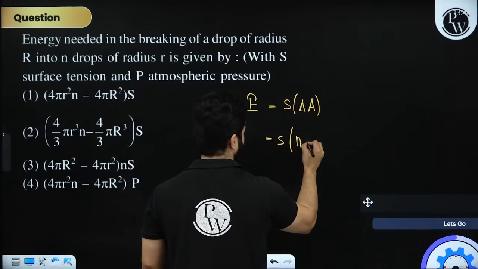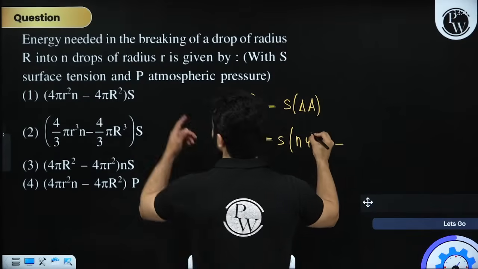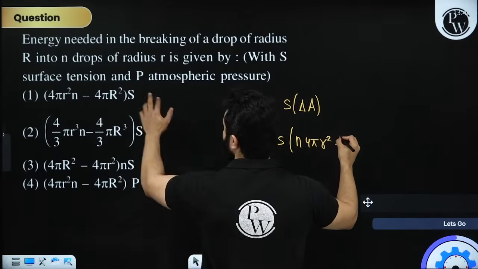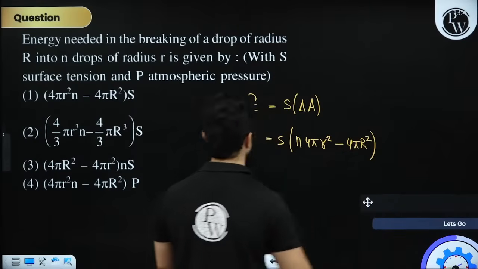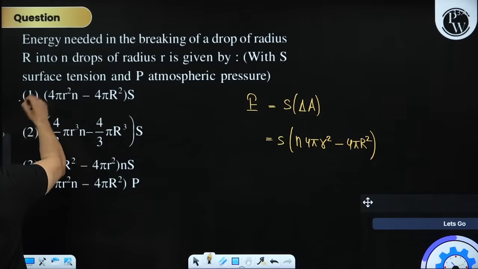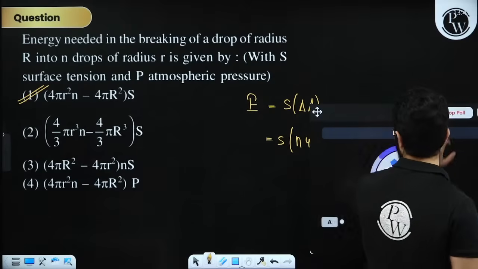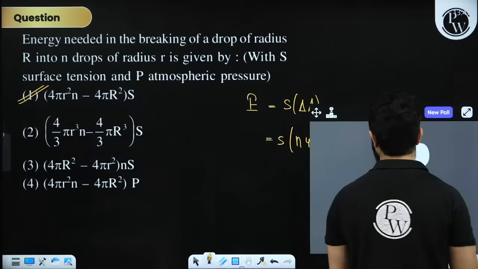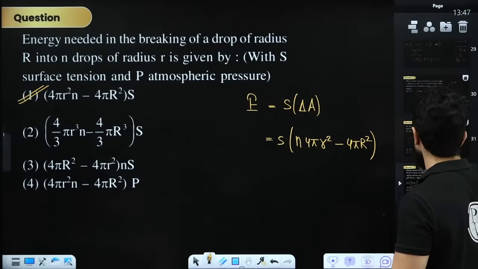That means n multiplied by 4 pi r square minus, initially the radius was capital R, so 4 pi R square. This times surface tension is going to be the correct answer. So option A is absolutely correct. Very good. If you have any doubt, do let me know in the chat box.